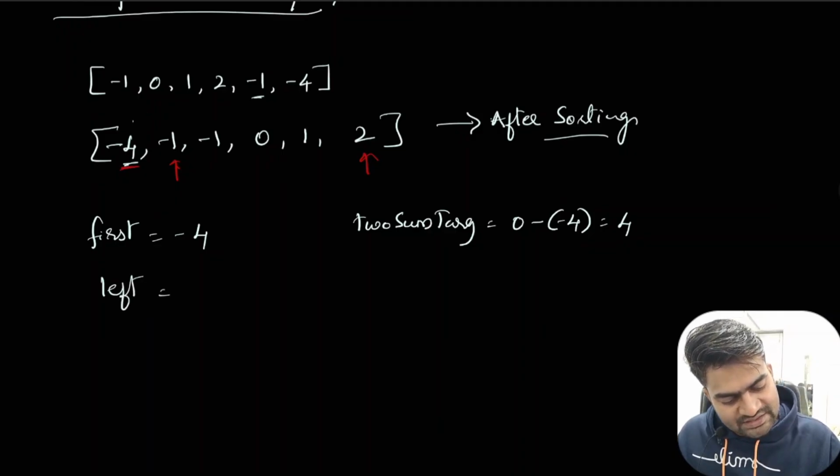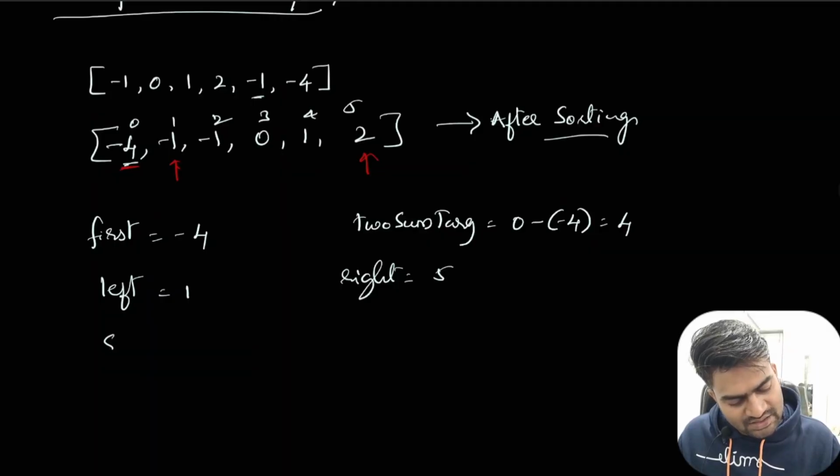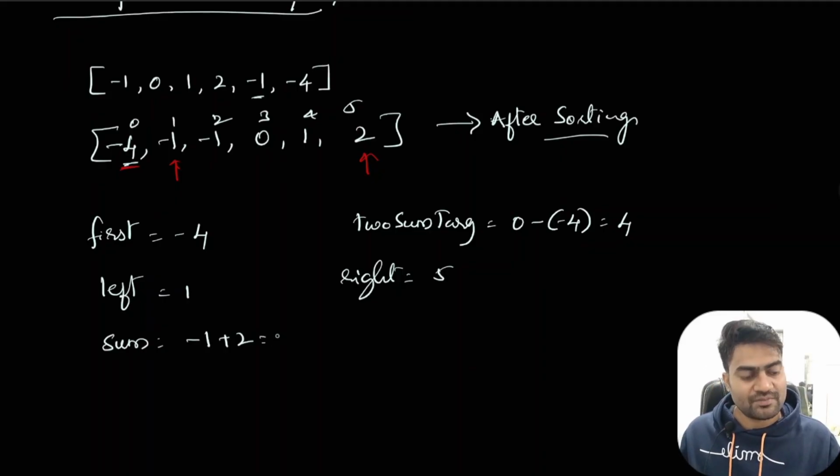Basically this is 0th index, first, second, third, fourth and fifth. Now our left pointer is pointing at index 1 and our right pointer is pointing at 5, which is basically n minus 1. Now I will sum up the values at the left and right pointers. So -1 plus 2 sum up to give 1.